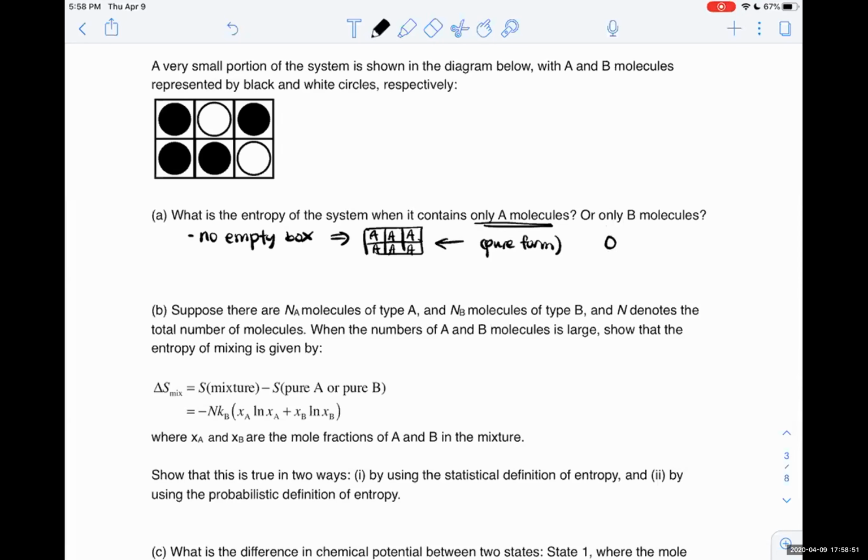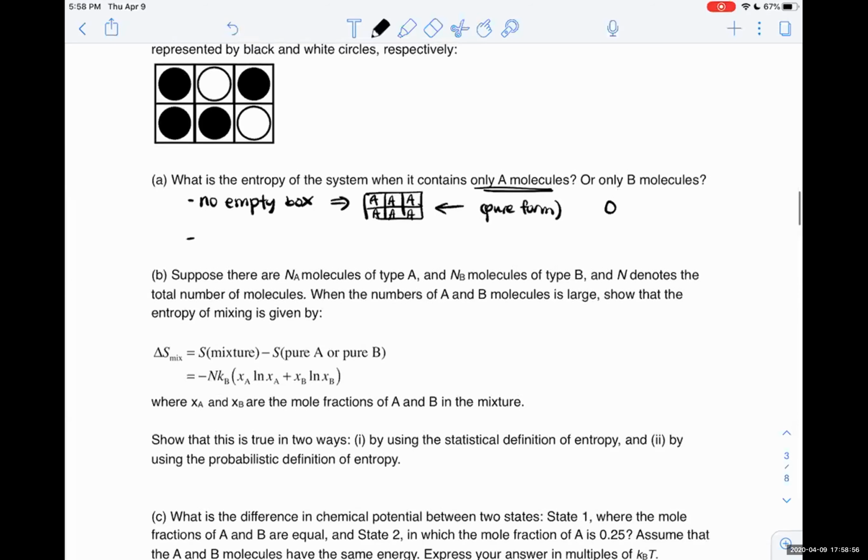We can also use one of the other definitions of entropy. Let's use the probabilistic definition of entropy.